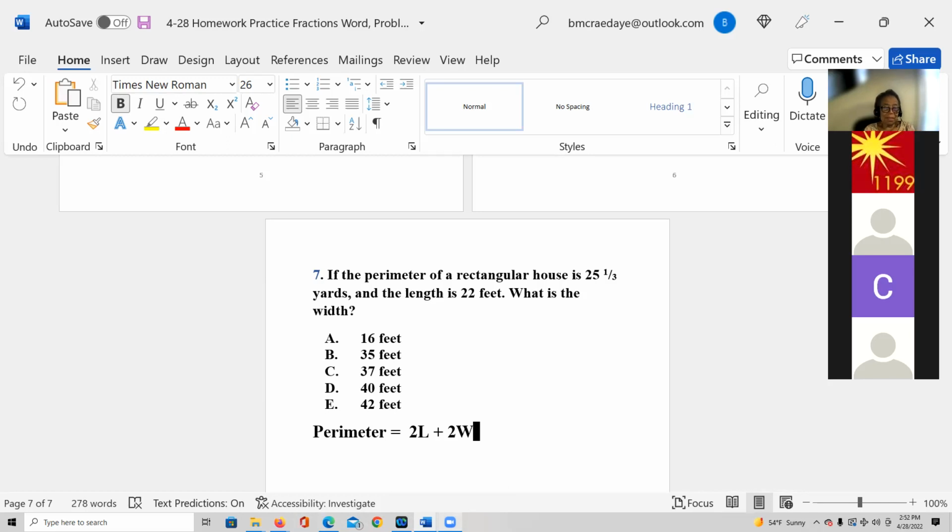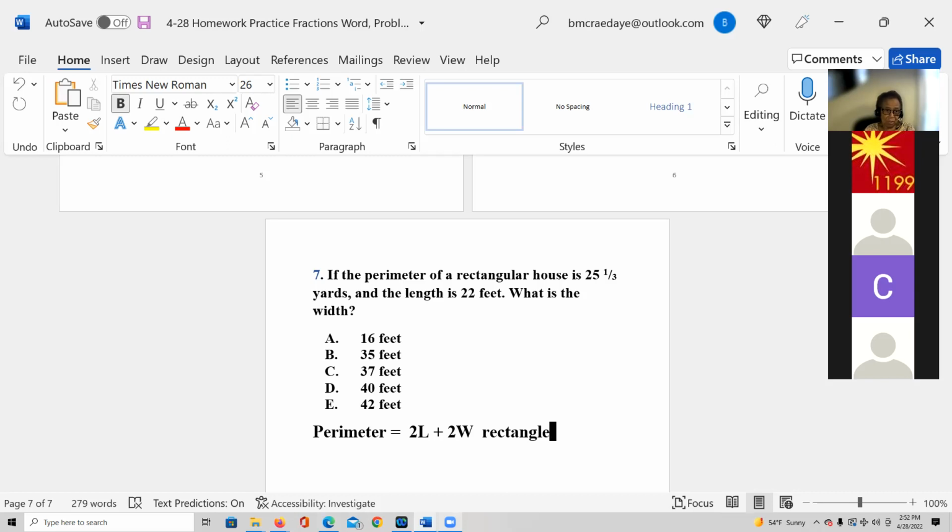Okay, that's the perimeter of a rectangle. Remember, I gave you those formulas before. And if it were a square, where the sides are all equal, it'd just be 4 times the length of a side. But for a rectangle, it's 2 length plus 2 width.